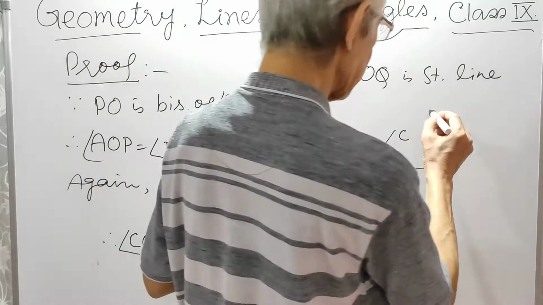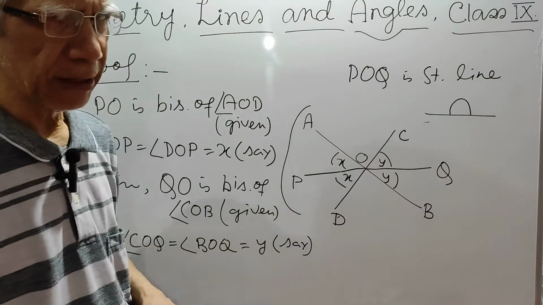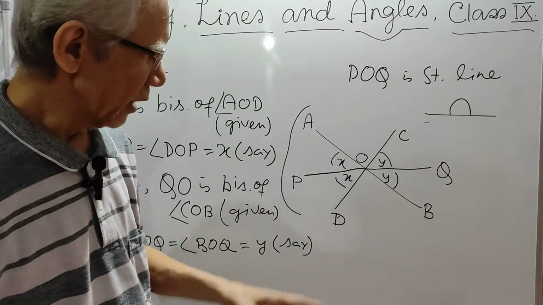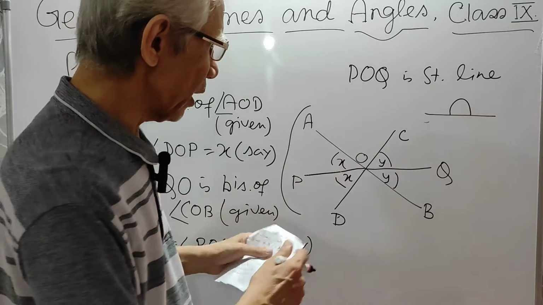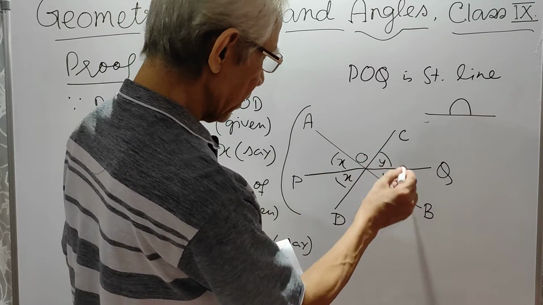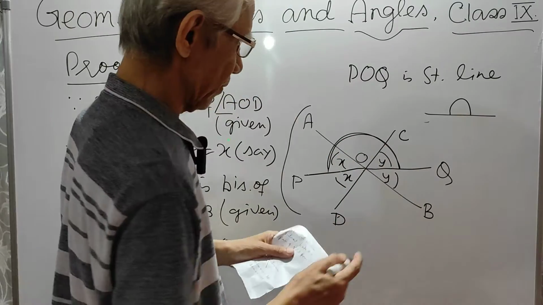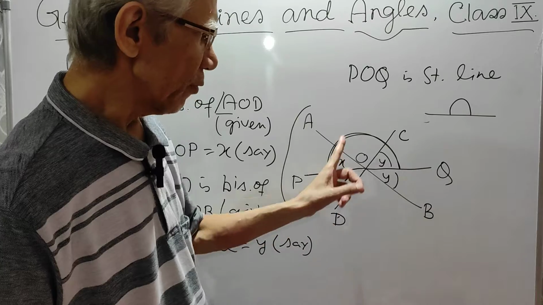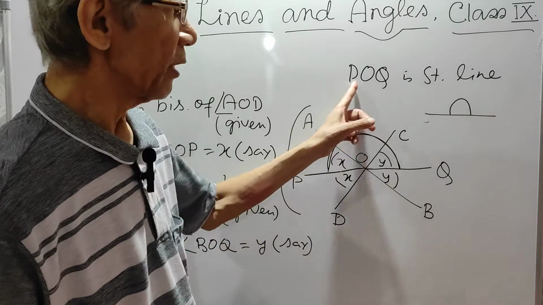Now, if it is a straight line, then this angle POQ will be a straight angle, because any angle on a straight line is a straight angle. If we can prove this angle POQ is 180 degrees, then we can say POQ is a straight line.